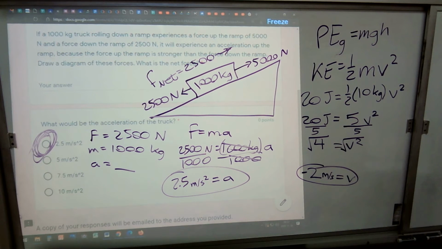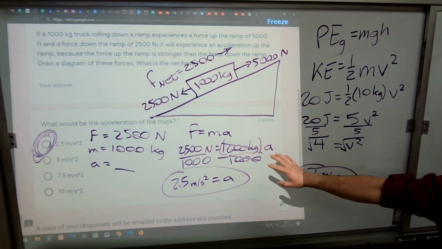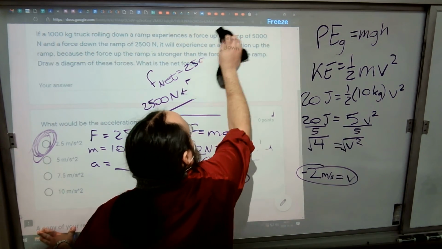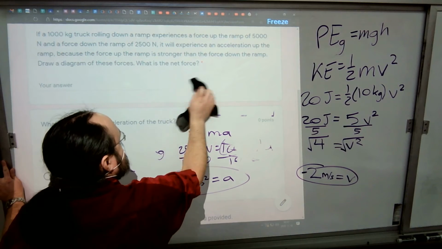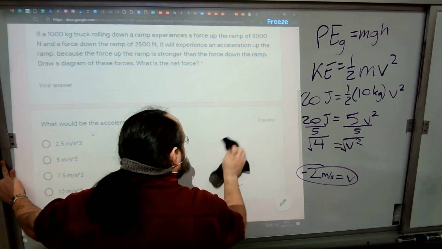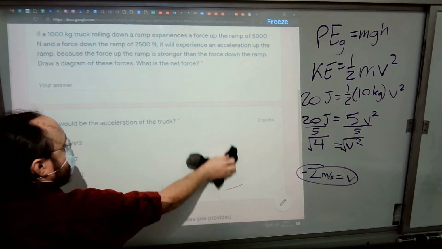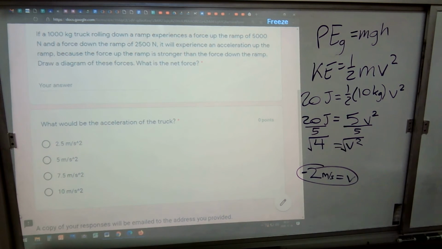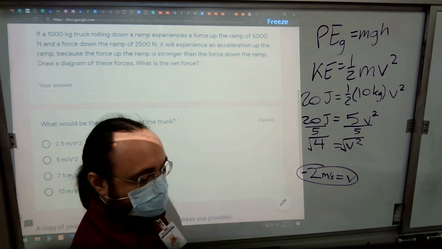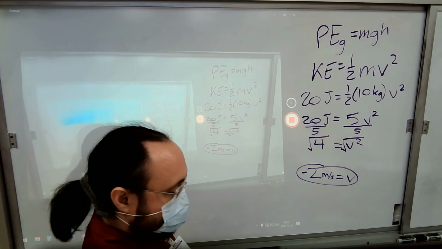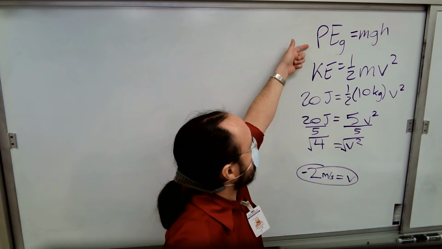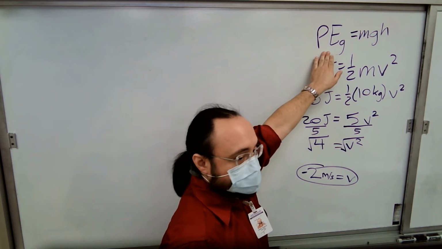The thing that we're doing today, I'm going to erase this so we don't have two things up here at once. What we're doing today is just like yesterday and the day before, except we're doing both at the same time. On Monday, we did potential energy using the potential energy formula, where potential energy is in joules.